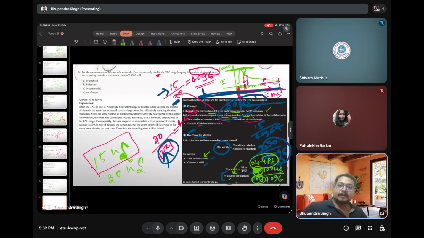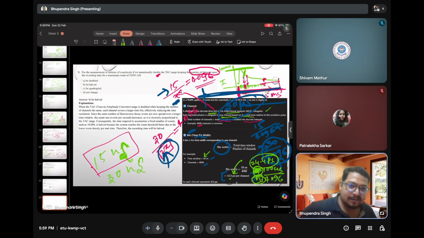Which means you are detecting the photon for 2x time. The time window is 2x compared to the previous one.